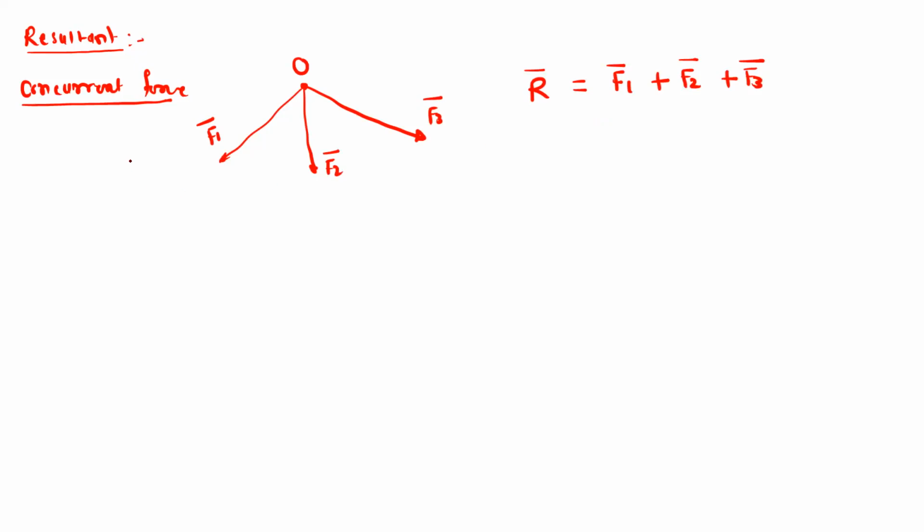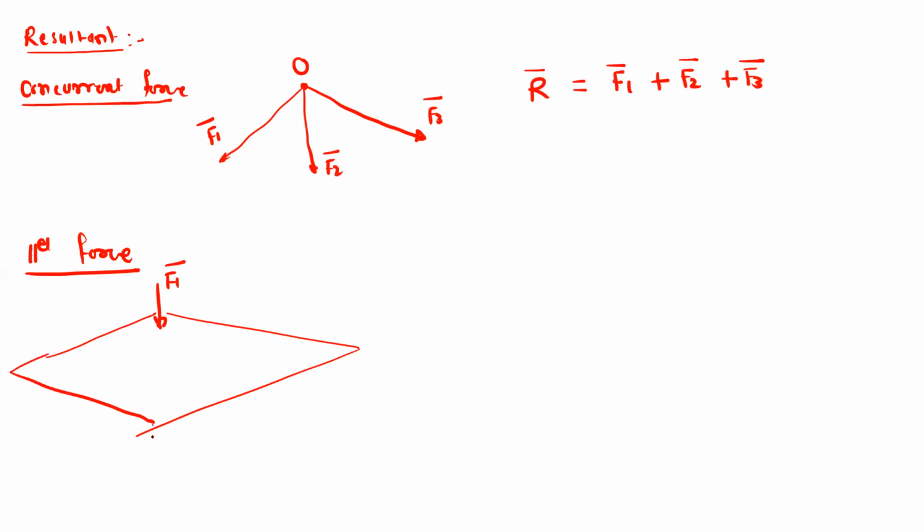Similarly, if you have a parallel force system, suppose this is one horizontal plane, and the forces are acting at different points on this plane, and all these forces are parallel. Then the resultant R bar is the vector addition of all the forces, so F1 bar plus F2 bar plus F3 bar.